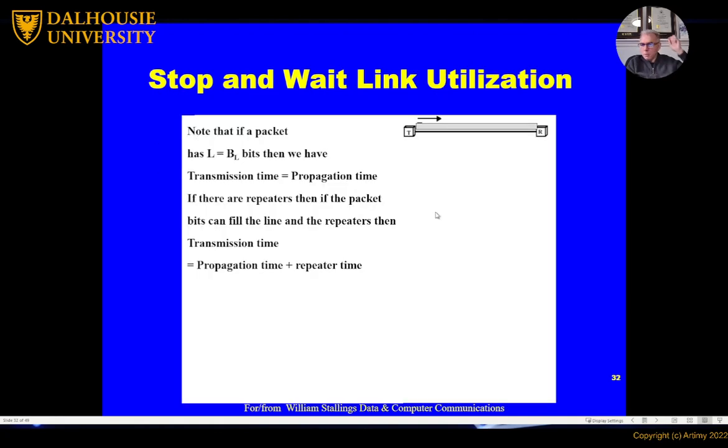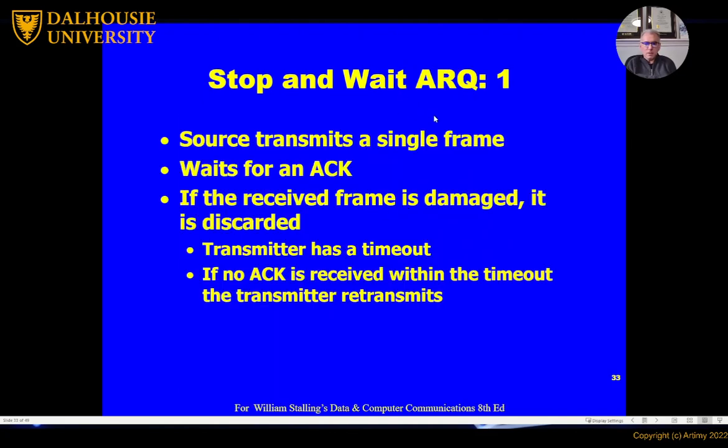So when we use the stop and wait for acknowledgement, the ARQ, automatic repeat request, I mentioned before that we may run into a situation where the acknowledgement doesn't come from B, from the destination.